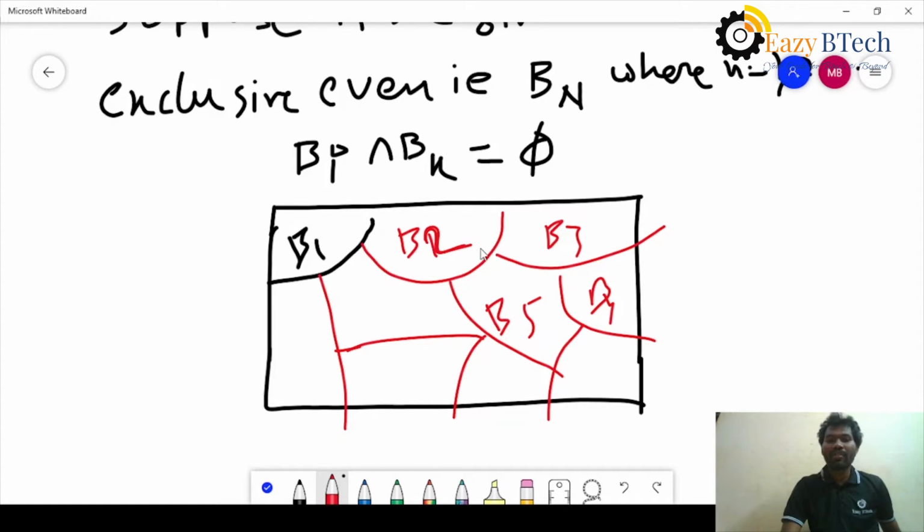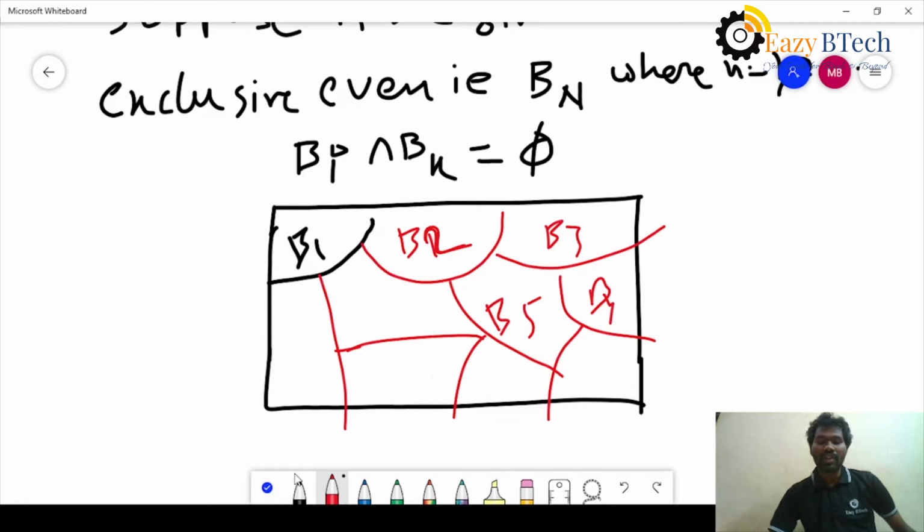Similarly, there is no common space between 2 and 3 also. Likewise, there is no common event between any of them. So that's why these events B1, B2, B3, and so on are called mutually exclusive events.